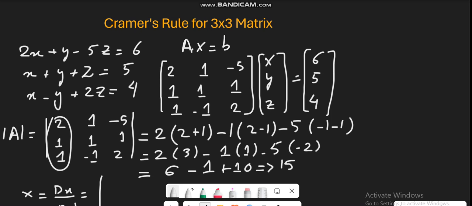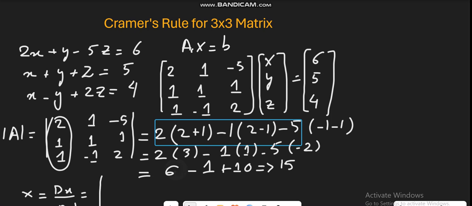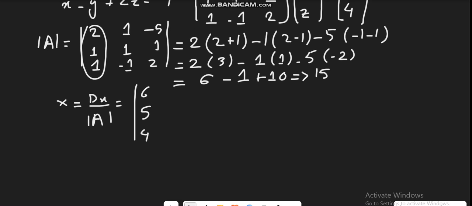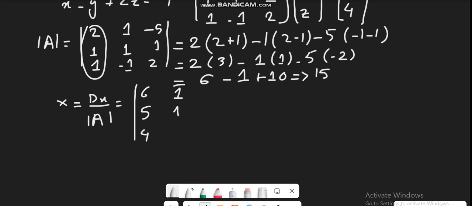While the rest of the entries will remain the same, they will not change. So here I will write 1, 1, and minus 1, minus 5, 1, and then 2.